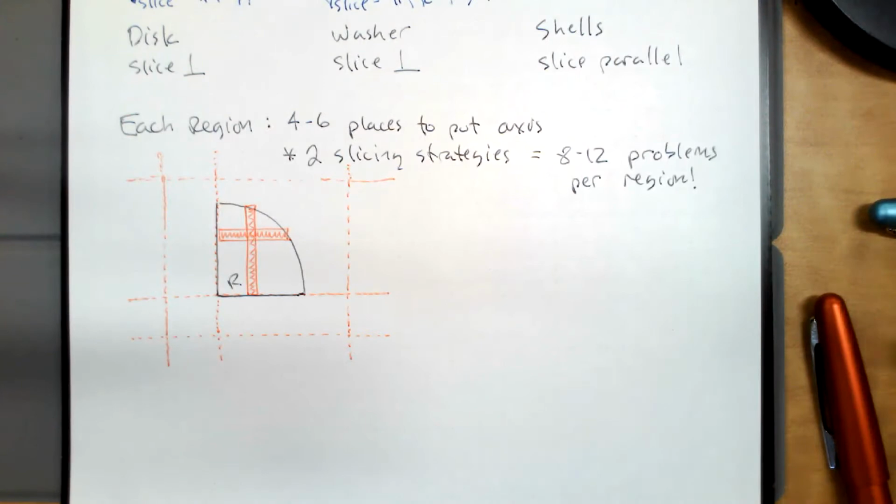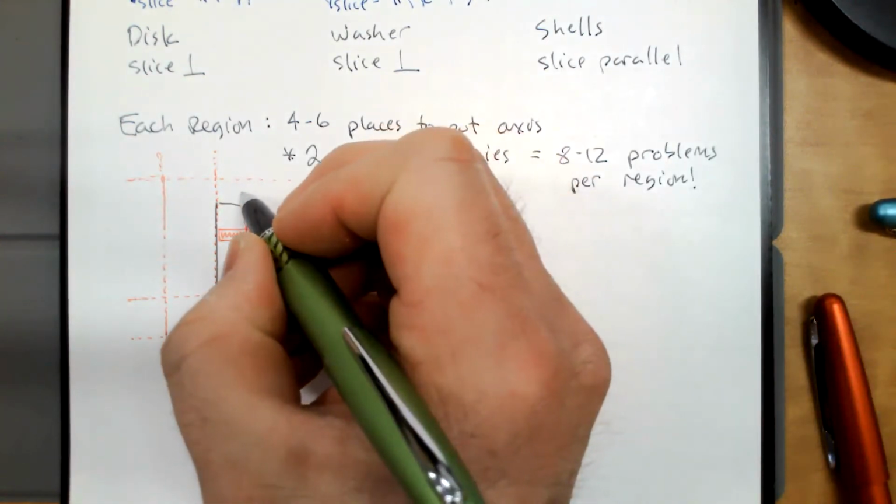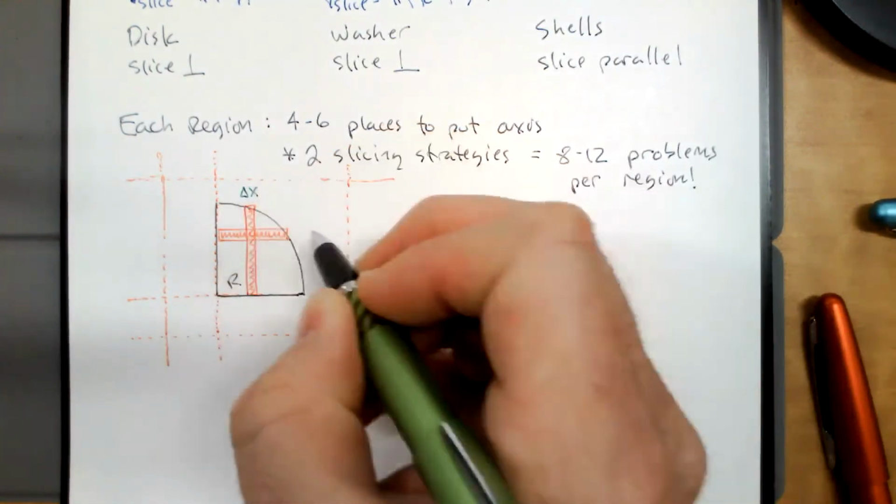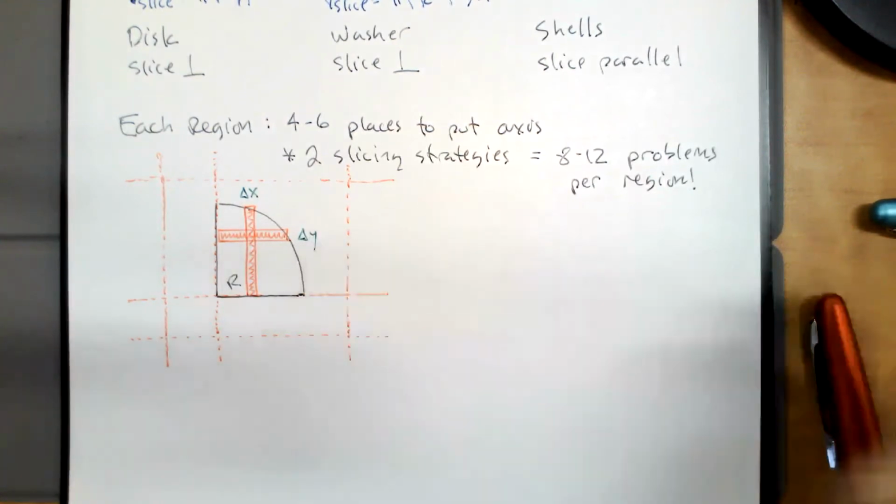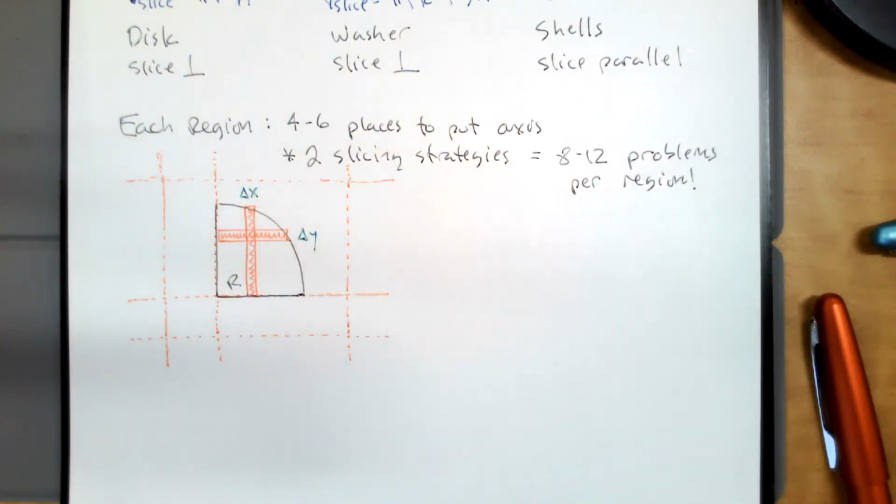And that would be a slice that is perpendicular to these horizontal axes of rotation or parallel to some vertical axis of rotation. Questions?